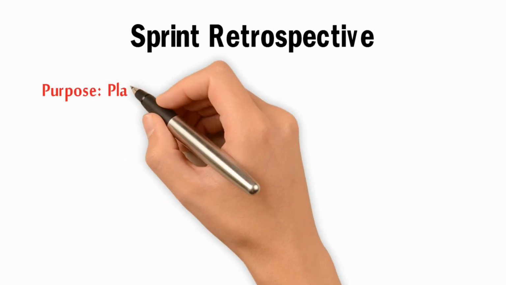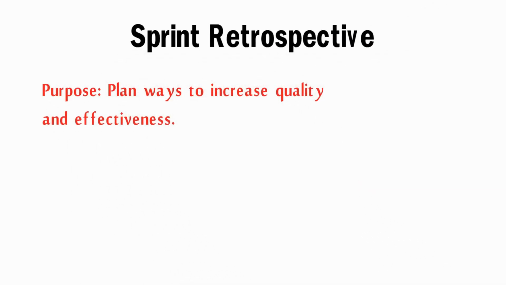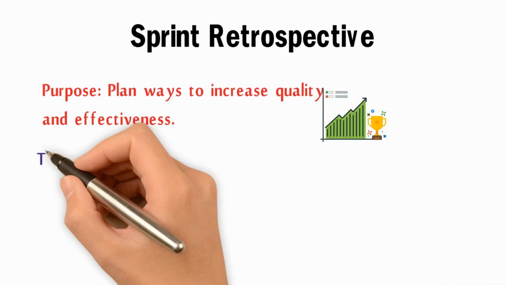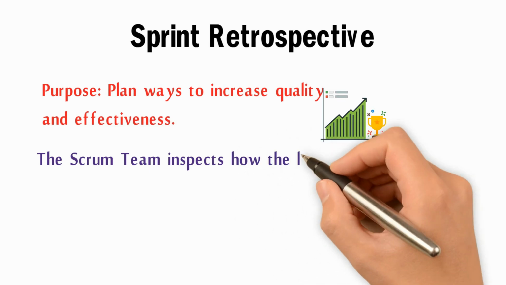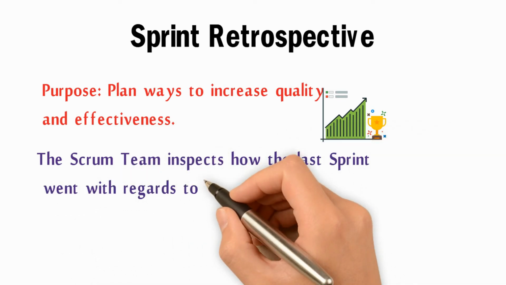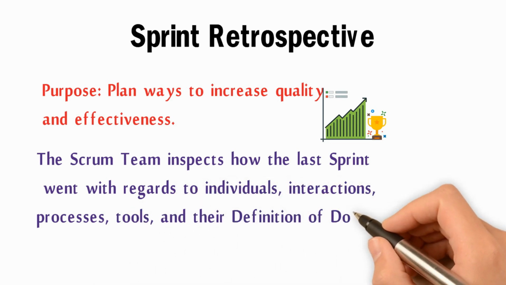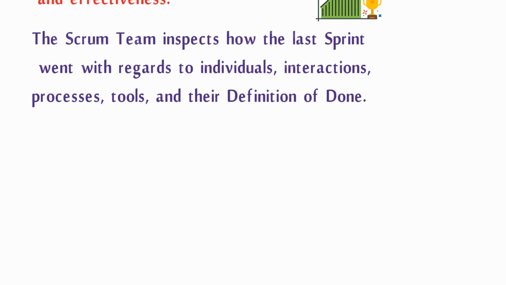Sprint Retrospective. Purpose: plan ways to increase quality and effectiveness. The Scrum team inspects how the last sprint went with regards to individuals, interactions, processes, tools, and their definition of done.